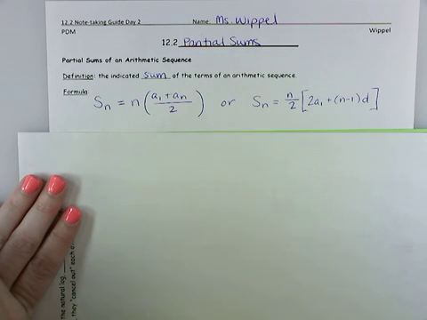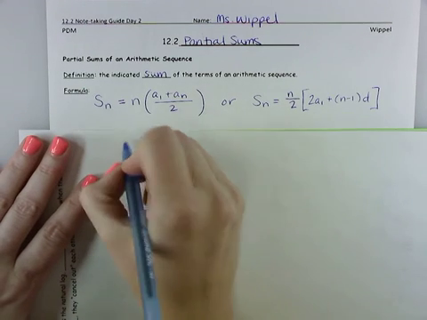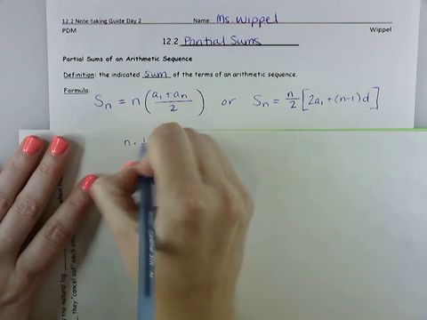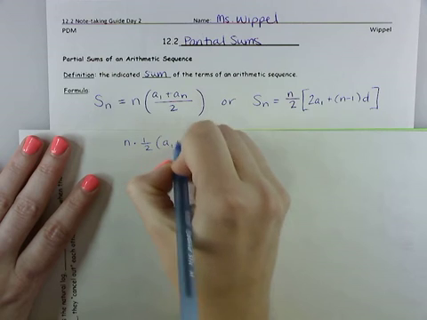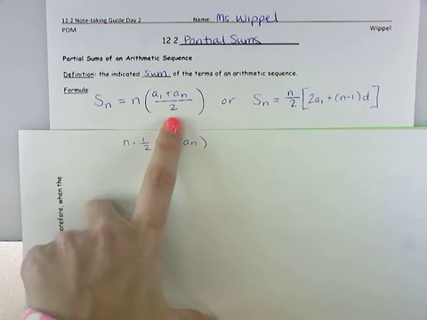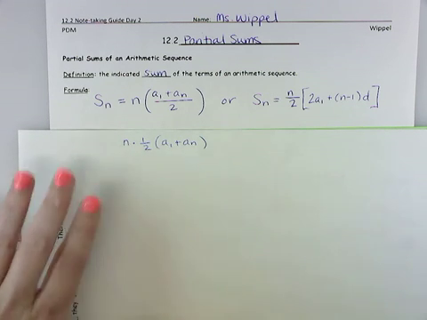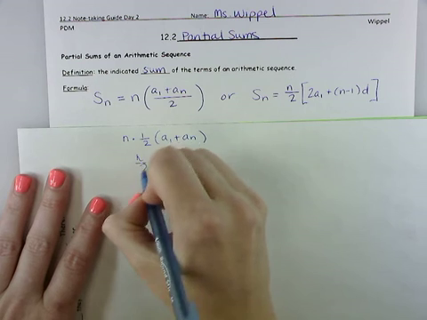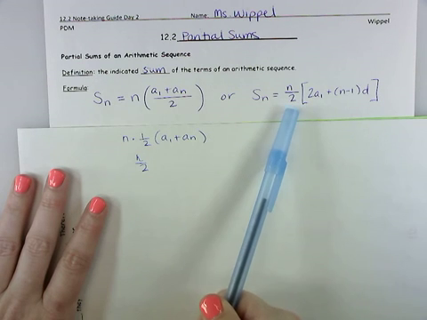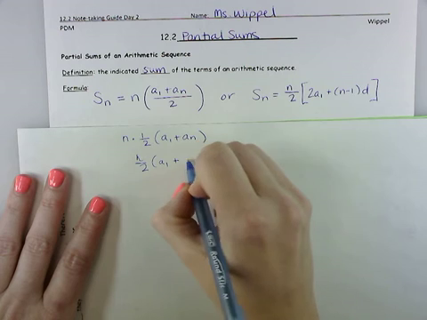Yeah, multiplying by 1/2. Is it okay if I write this as n times 1/2 times a sub 1 plus a sub n? Instead of divided by 2, I can write it as times 1/2, correct? So what's n times 1/2? N over 2, okay? See how I already have the first part? Now I have a sub 1 plus a sub n.